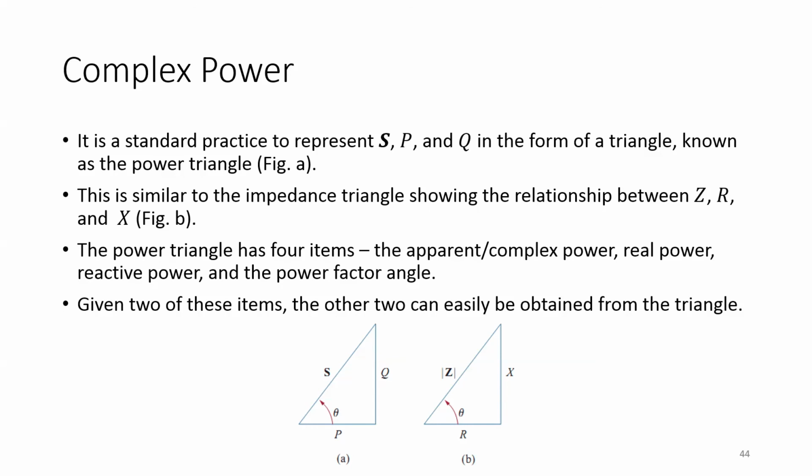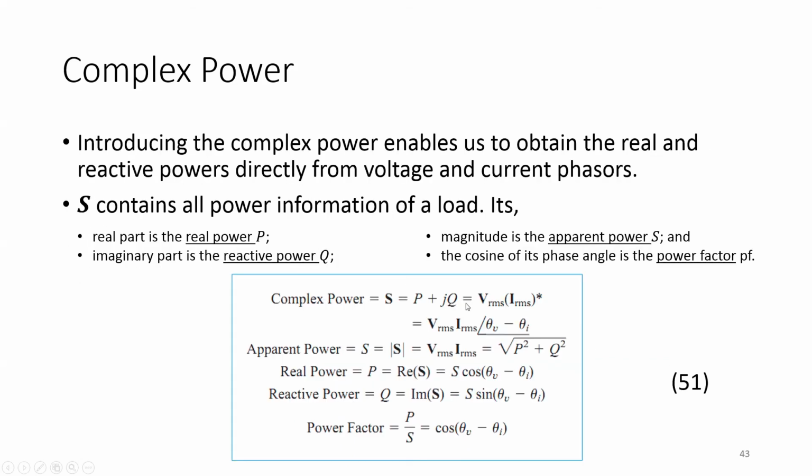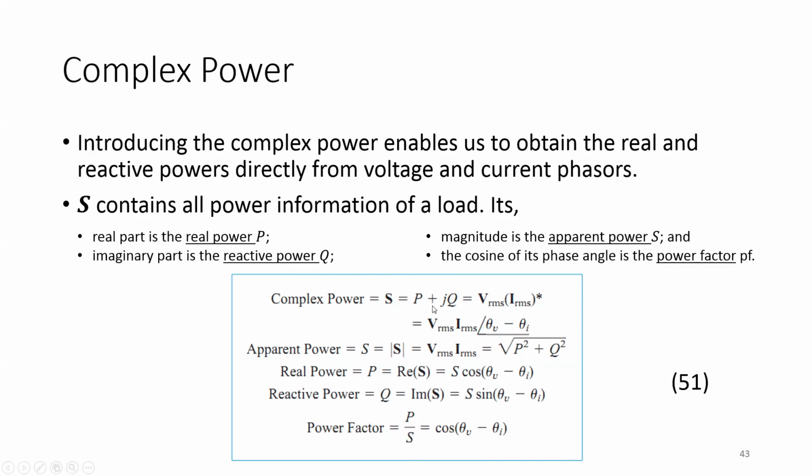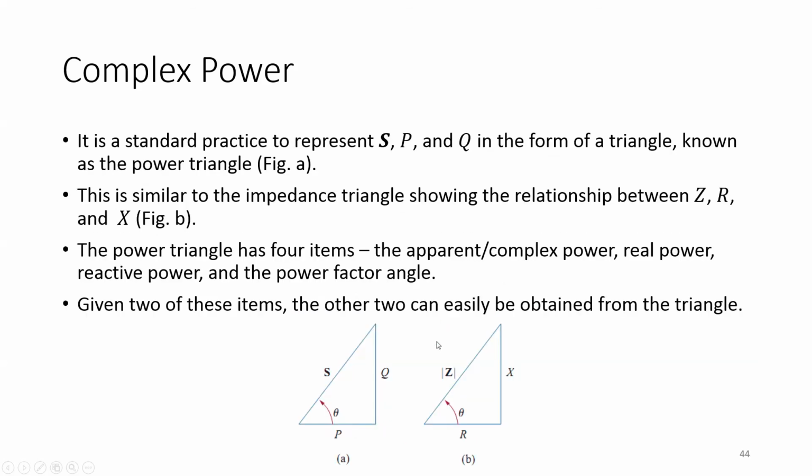It is a standard practice to represent S, the complex power, P and Q, in the form of a triangle. From the relationship we just saw on the previous slide, S is P plus jQ. We can represent it in vectorial form, vectors P and Q, because the real and imaginary parts are at right angle to each other.